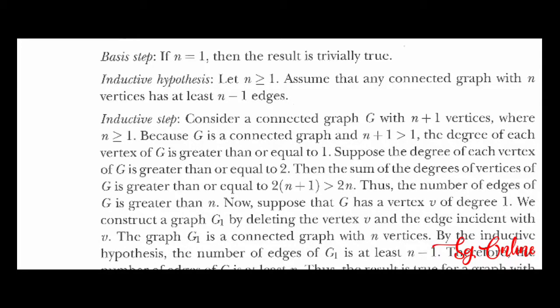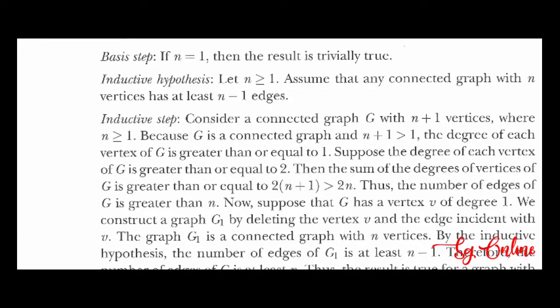Now you must note that the graph is a connected graph, and we have taken n greater than or equal to 1, so n plus 1 must be strictly greater than 1. So the graph has at least 2 vertices. And since the graph is connected, there is at least one edge here.